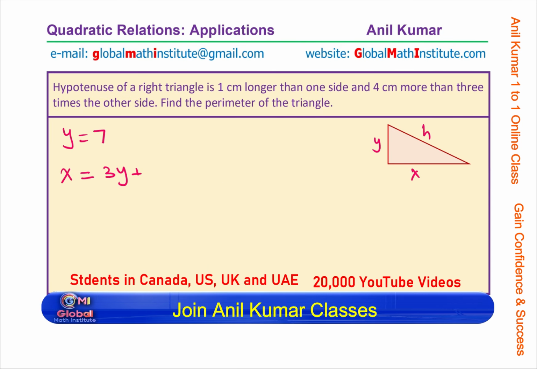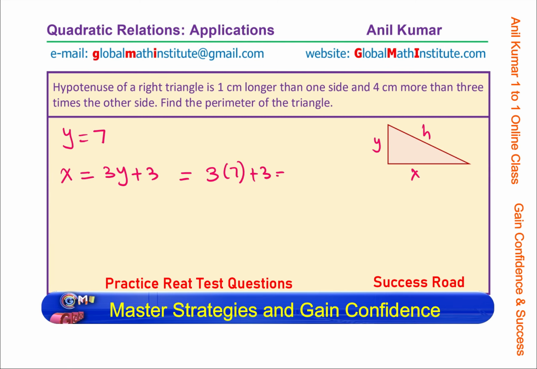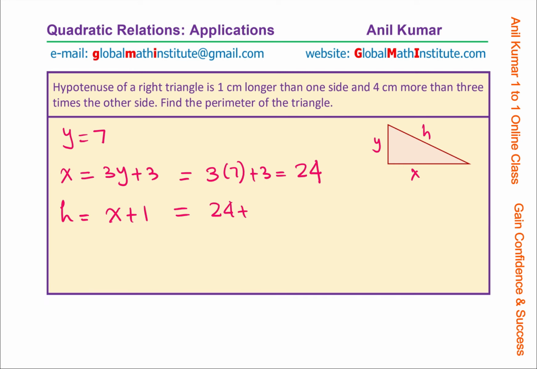So let's substitute 7 here. We get 3 times 7 plus 3, which is 21 plus 3, 24, right? And the hypotenuse is given to us as x plus 1. So let's add 1 to 24 and we get 25, correct?